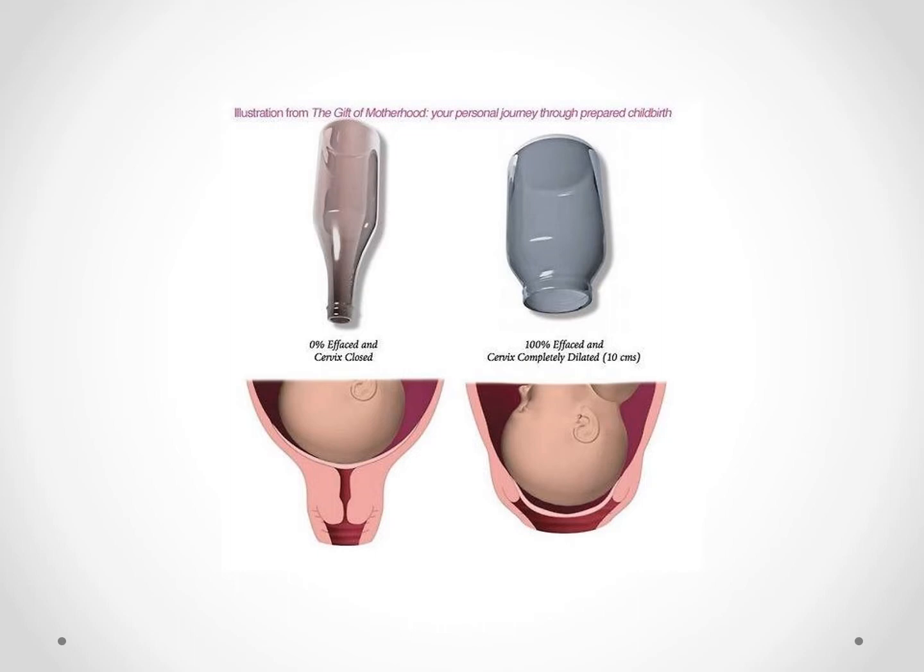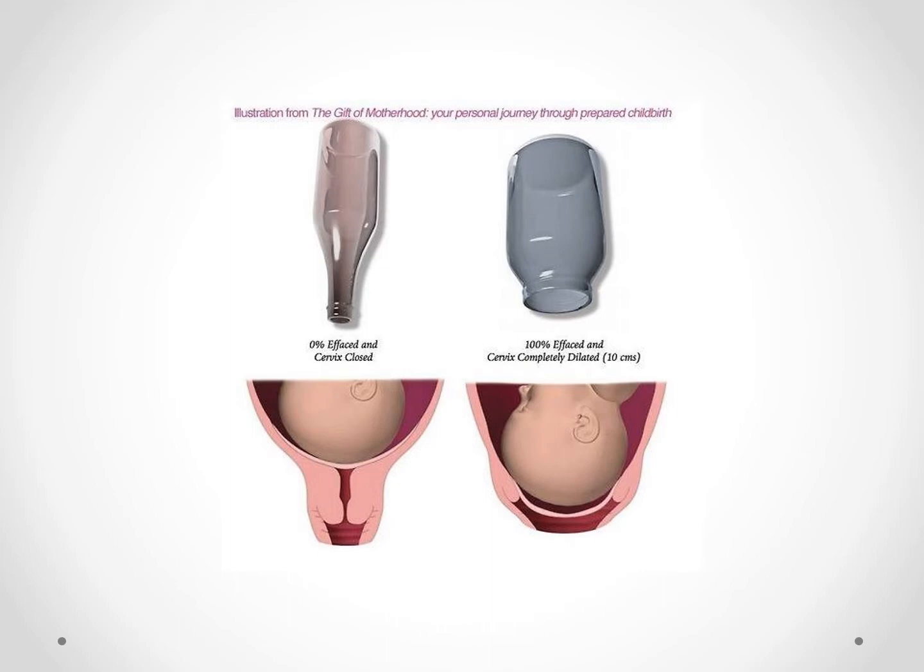The picture on the left is like an old-time ketchup bottle. The picture on the right is an old-time mayonnaise bottle. So no squeeze bottles or anything, just old-time bottles. So the ketchup bottle represents a long neck, which is no effacement, and a very tiny hole, so no dilatation.